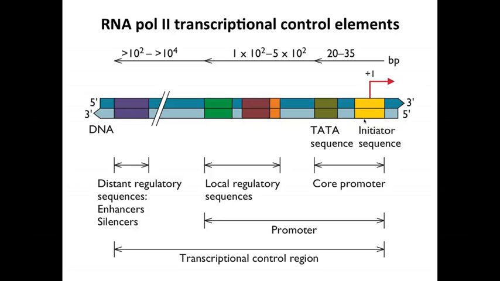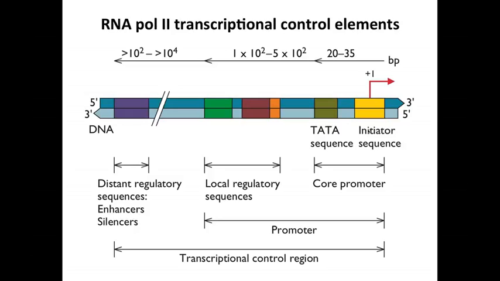The sequence right around where initiation begins is called the initiator sequence. In fact, in this entire slide, what we're looking at are specific DNA sequences that play roles in the transcription process. Either sequences right at the site of initiation, like the initiator, or local sequences or distal sequences, as you can see from this slide.